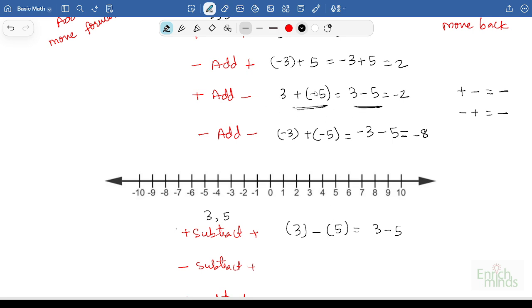It's equivalent to that. So it's as good as saying you're adding a negative number or you're taking away a positive number. They both mean the same thing. So the answer to this will also be negative 2. Why? Because we start at 3 and we move 5 steps backward because we are taking away a number.